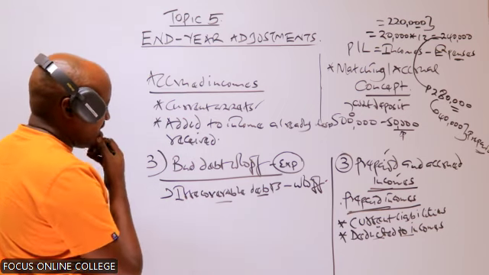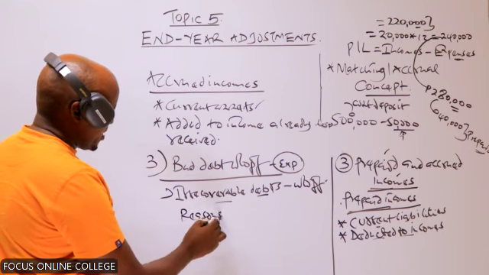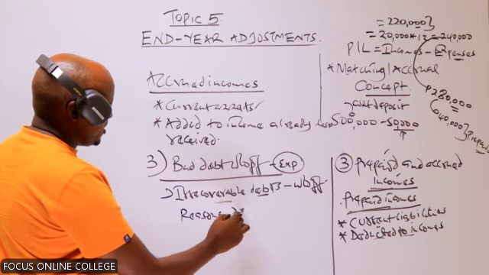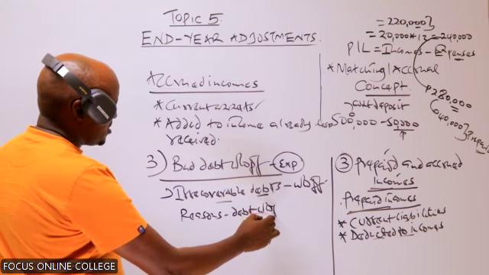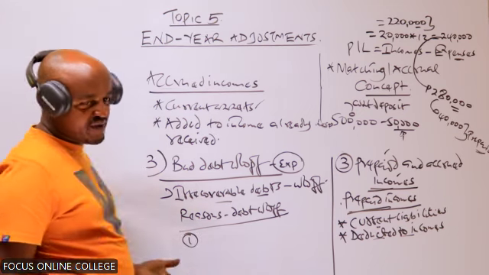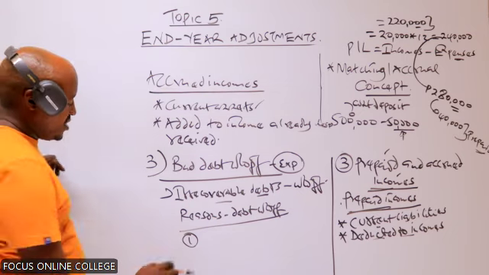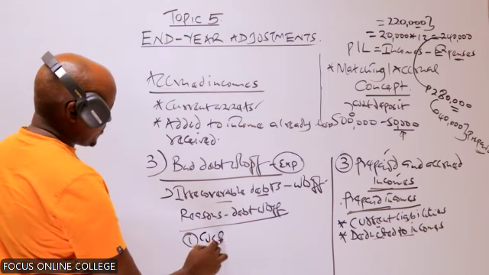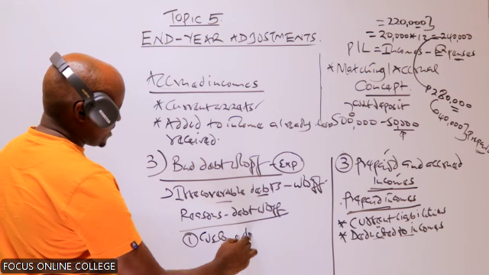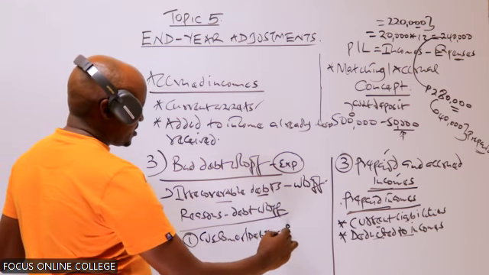And maybe you can look at some of the reasons why some debts will be written off. Why do you decide as the owner of the business that I need to write off this particular amount? One reason is because the customer, or basically the debtor, has been declared bankrupt.